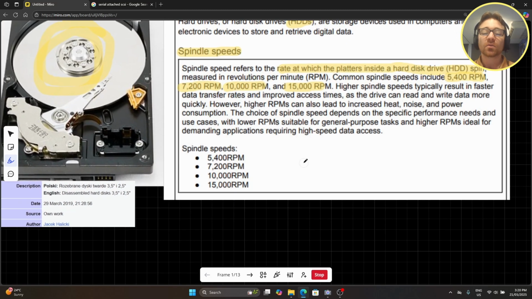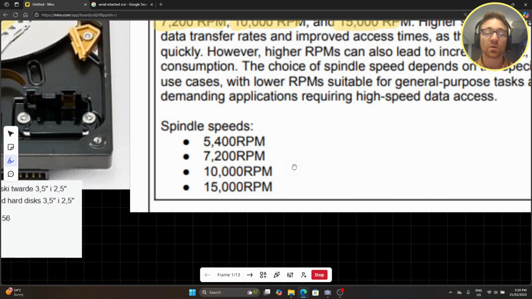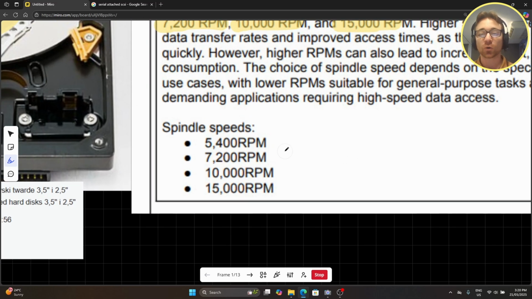So what this means for you and for your exam is you may have to toss up, you know what, this person has told me that they need a lot of storage, but they don't necessarily need to prioritize having very low latency. They don't need to focus on having high speeds. In that case, in order to be budget friendly, because the higher the speed, generally the more expensive the hard drive is going to be, you might go for 5,400 RPM.